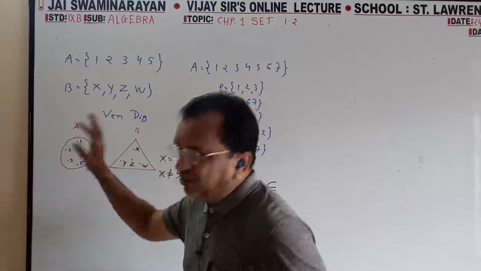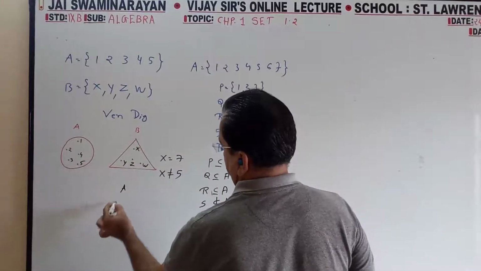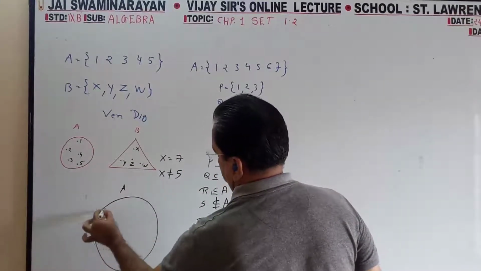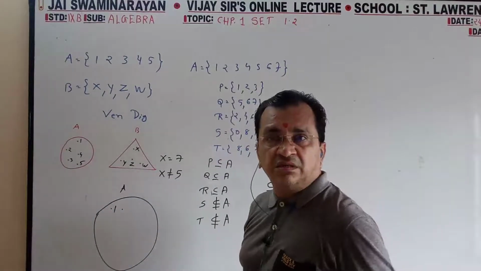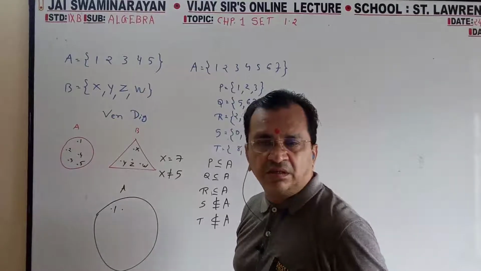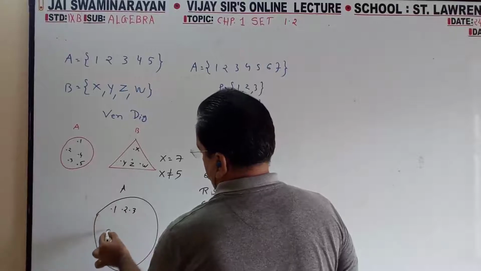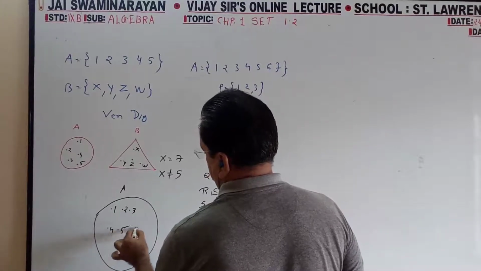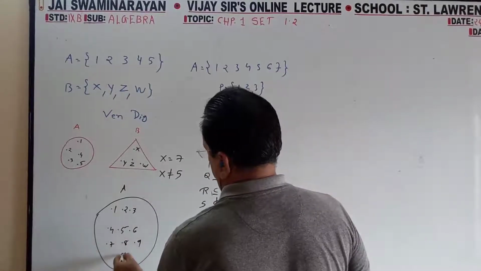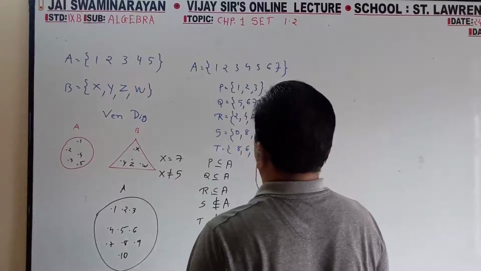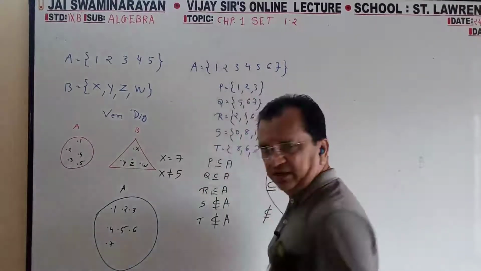The same we can do in a Venn diagram. So A is what? A is 1 to 7.